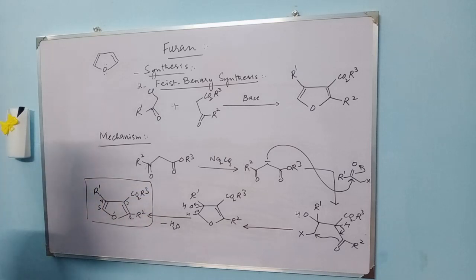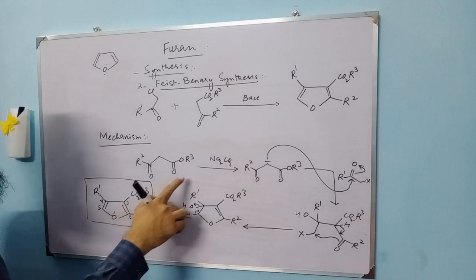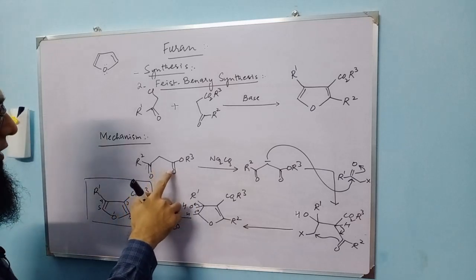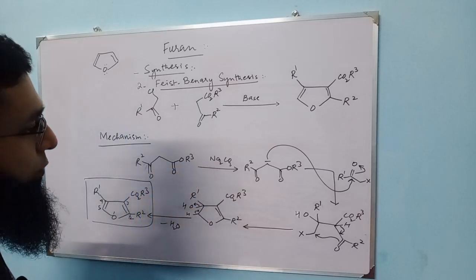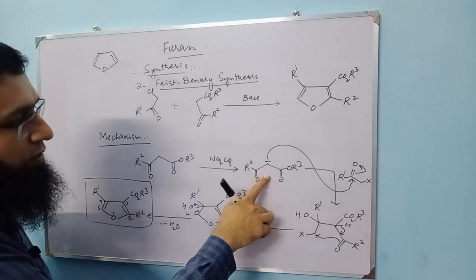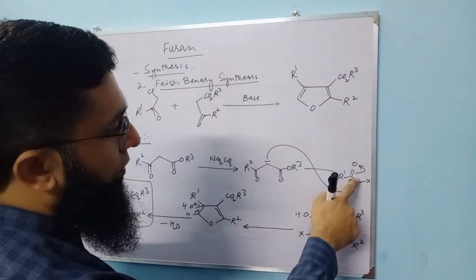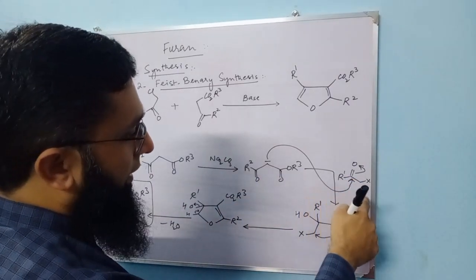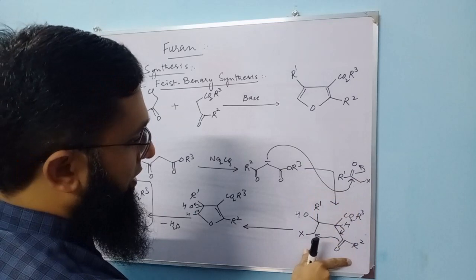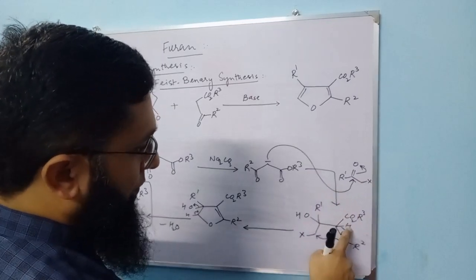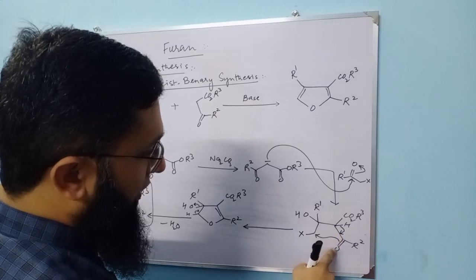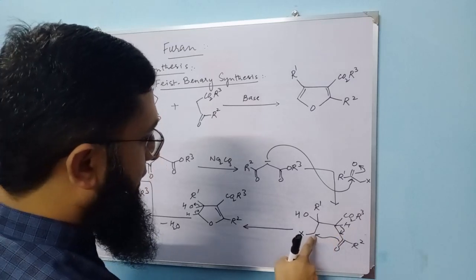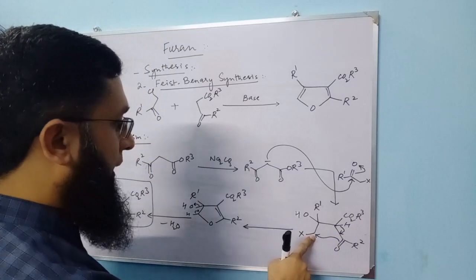So I explain the mechanism once again. In the first step, enolate formation occurs in the presence of beta-ketoester, which reacts with sodium carbonate, and this enolate which is formed reacts with carbonyl group of alpha halocarbonyl, and as a result we get this intermediate, and in this proton is abstracted from here, this bond shifts here, and double bond from the carbonyl group attacks on this carbon.